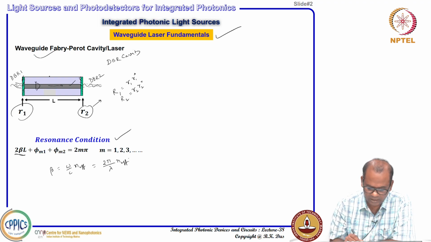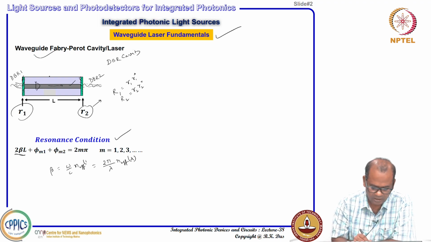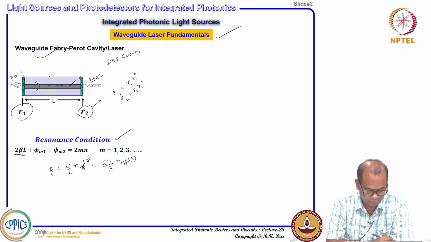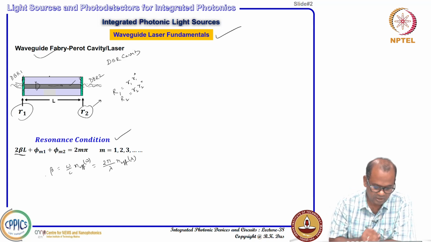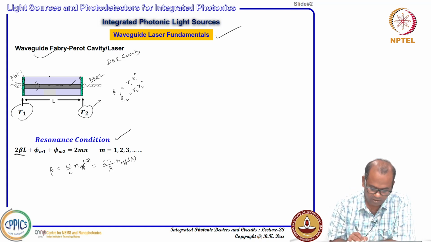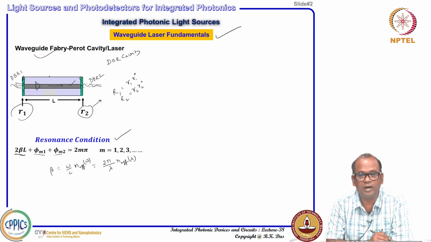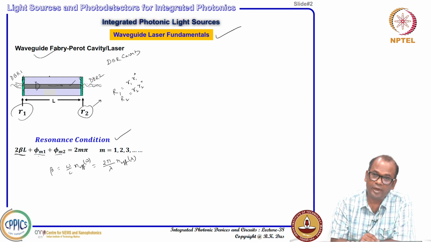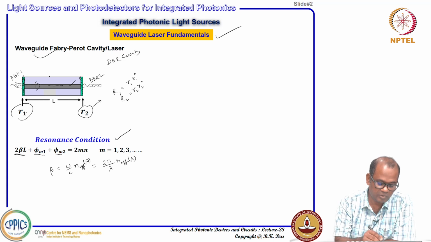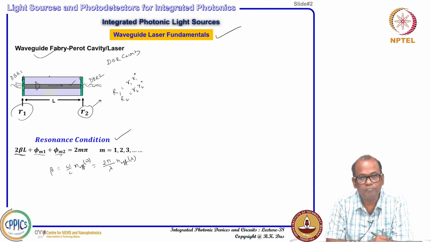This n effective can also be lambda dependent or frequency dependent. This is the phase constant for a given lambda, and then the round trip total phase, with phi m1 and phi m2 being any phase introduced by mirror 1 and mirror 2 respectively.